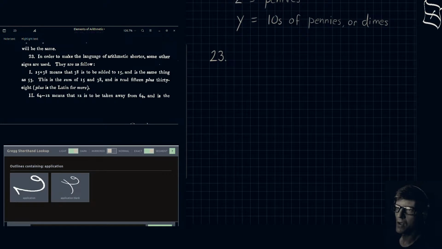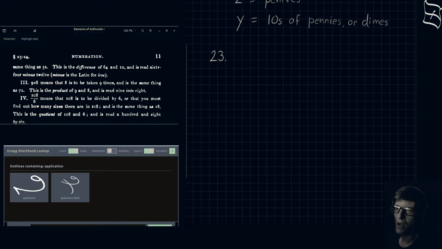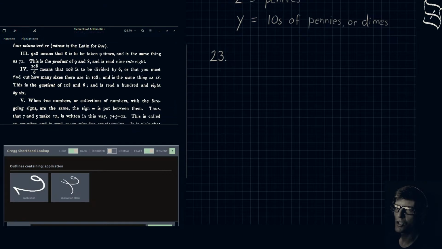Let's see. Some other signs are used. And what is he going to talk about? Difference, and then he has multiplication and division.